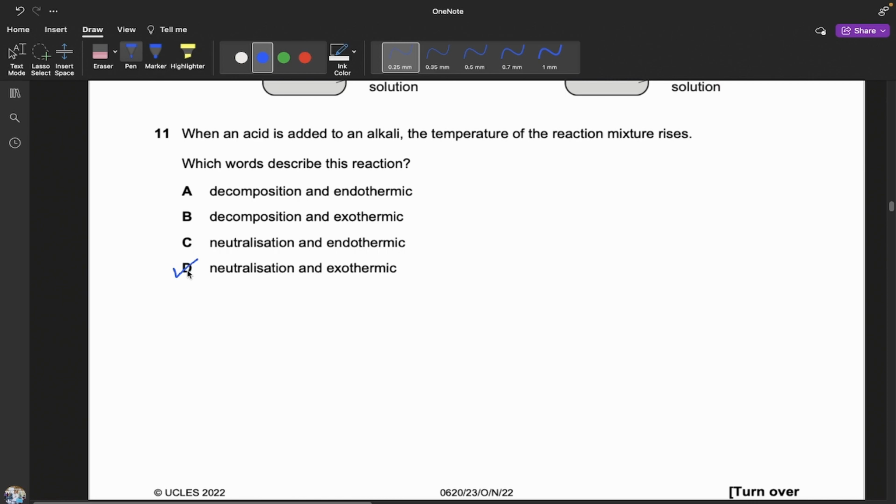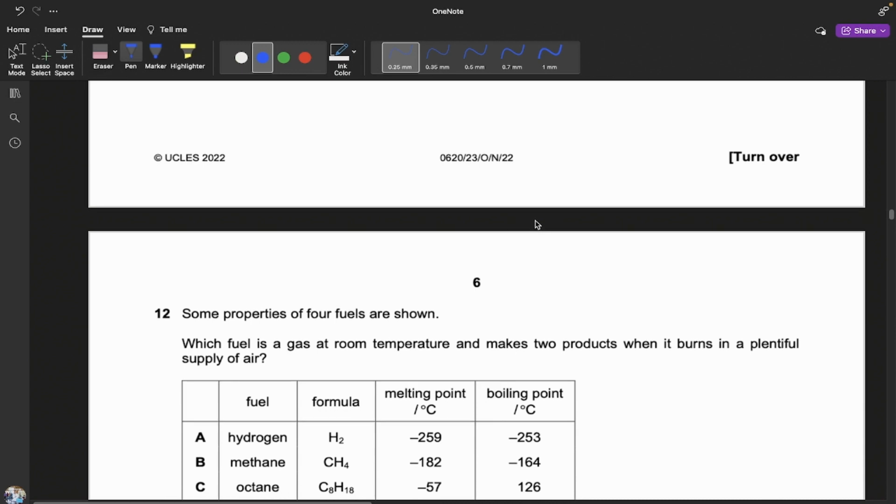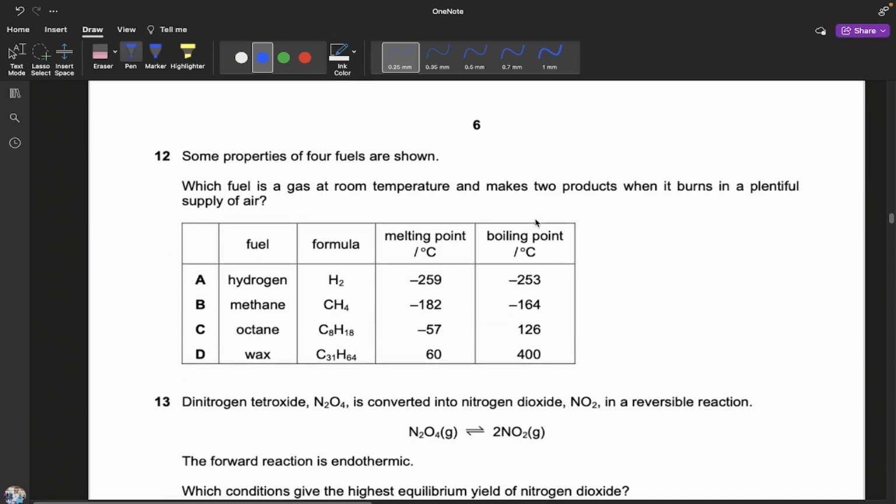And remember, all neutralization reactions are exothermic. That's for sure.